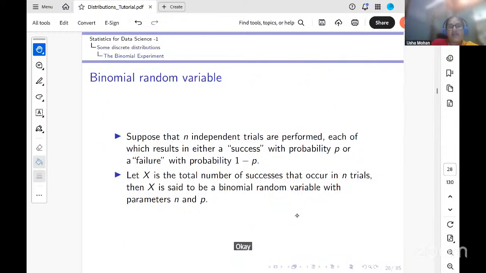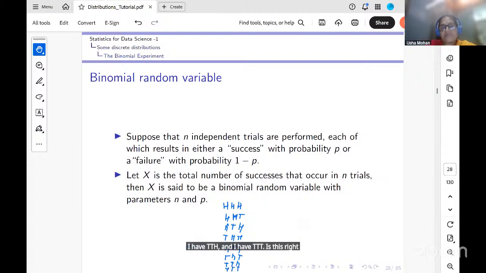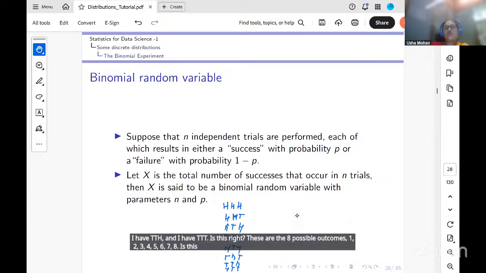I have HHH, HHT, HTH, THH, then HTT, THT, TTH, and TTT. Is this right? These are the 8 possible outcomes: 1, 2, 3, 4, 5, 6, 7, 8. Is this clear? Tossing a coin thrice.